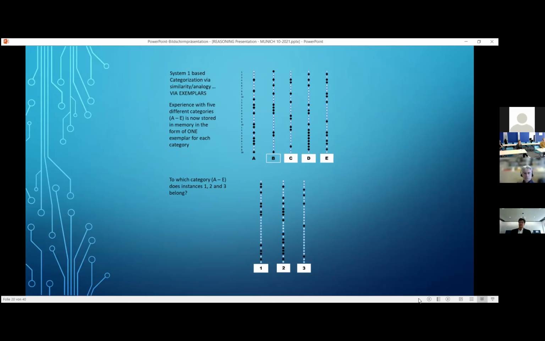You have to study it a little bit, but I think you'll get a pretty good idea that maybe case number 1 is actually similar to exemplar E. And maybe case number 2 is similar to exemplar D, and case number 3 is closest to, well, whatever.